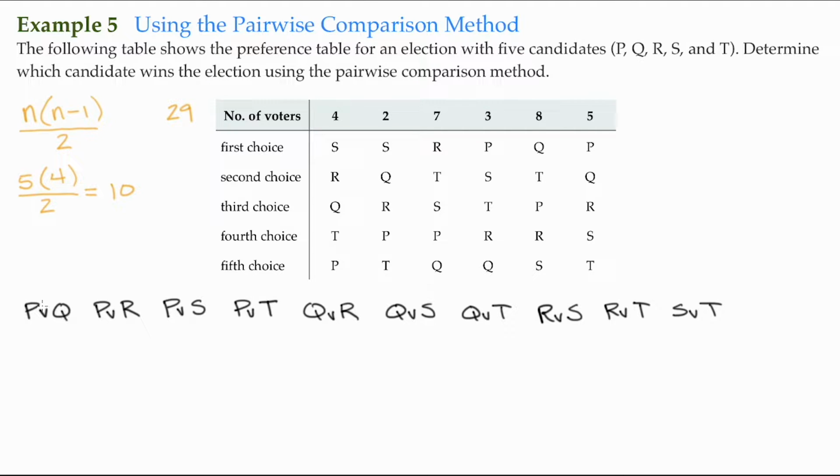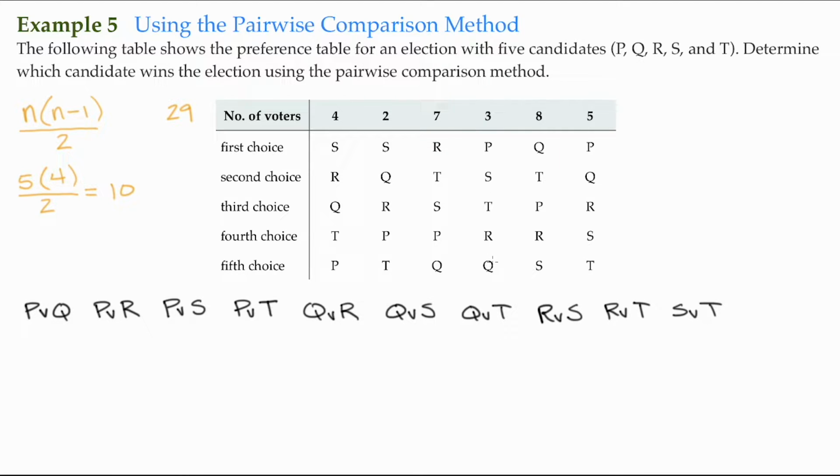So what I like to do is, since we're comparing P versus Q, I just go ahead and look where P is ranked higher than Q. Not here, Q is ranked higher than P. It doesn't occur here, Q is ranked higher than P. Here P is higher than Q, so P gets 7 of these ballots.